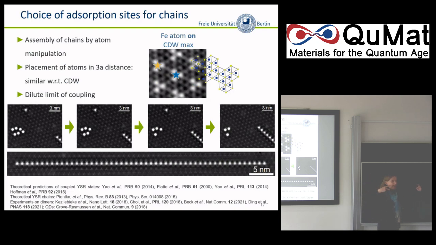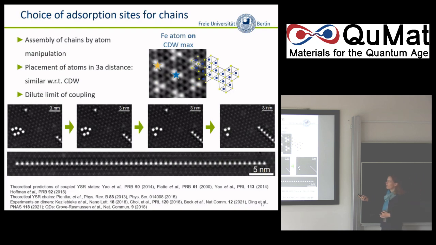But if you want to make atoms interact with each other, you want the best hybridization, you want the states to be at exactly the same energy. So therefore, we said, okay, then we have to put these atoms into equivalent adsorption sites, not only with respect to the selenium lattice, but also with respect to the charge density wave.